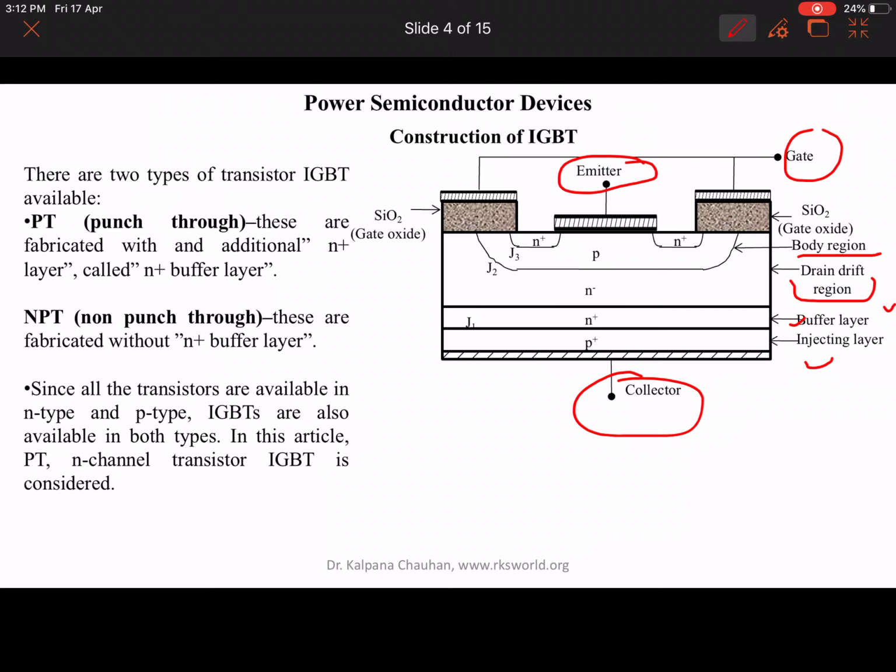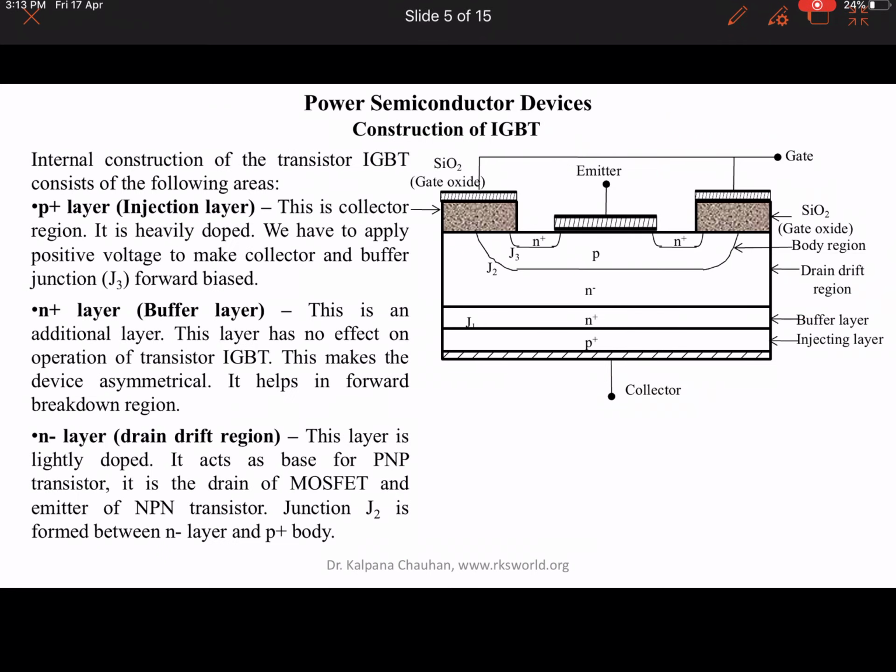If we have a non punch through IGBT, then this buffer layer can be removed from this side. Since transistors are available in N type and P type, IGBTs are also available in both these types. In this lecture we consider the PT, N-channel IGBT, as I have included the buffer layer.